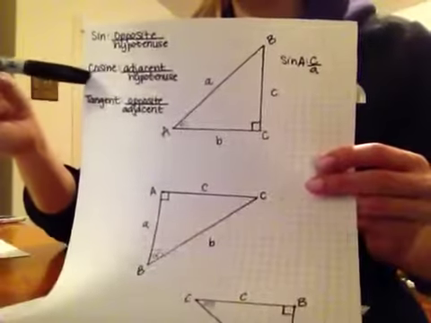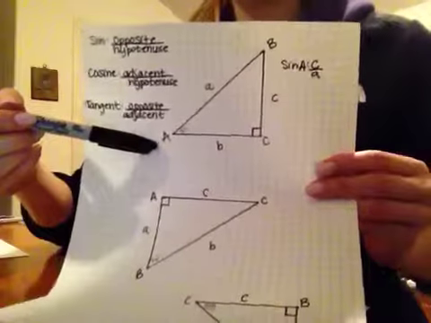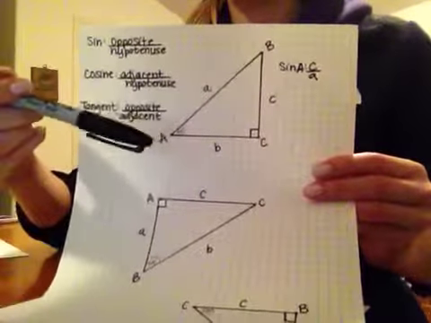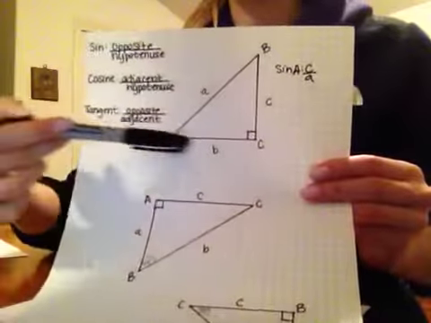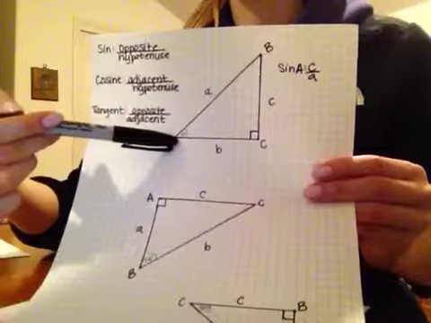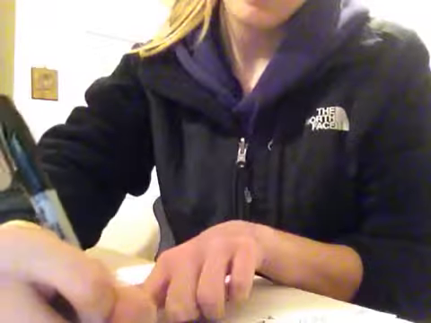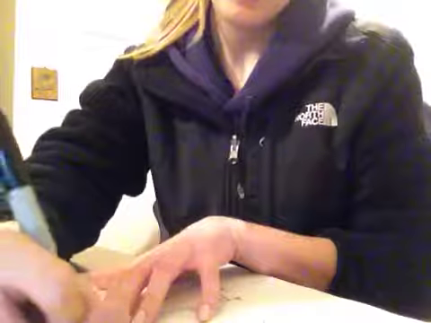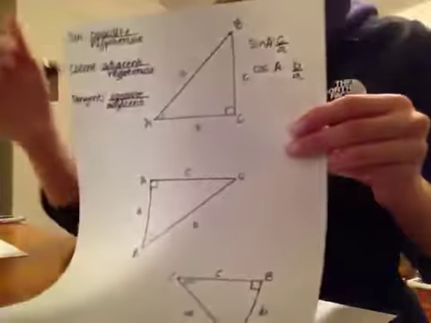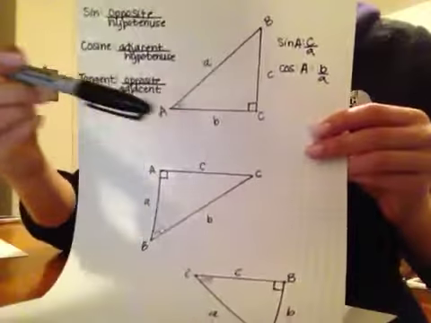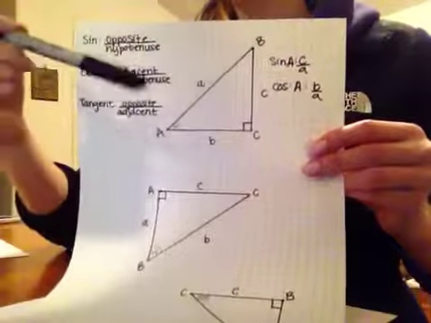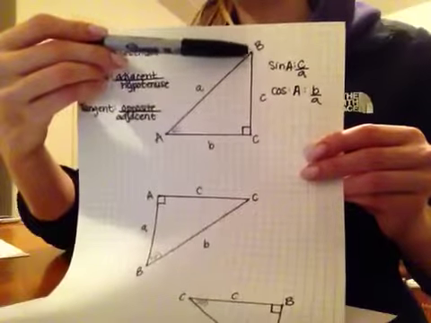Next, if we want to find the cosine of A, we would find the adjacent to A, which would be B because it's right next to it, and we'd want to find the hypotenuse, which once again, it is across the way from the 90 degrees, so it is A. So the cosine of A would be B over A. And now if we wanted to find, let's go with the tangent of angle B up here, we would go, alright, where's the opposite?